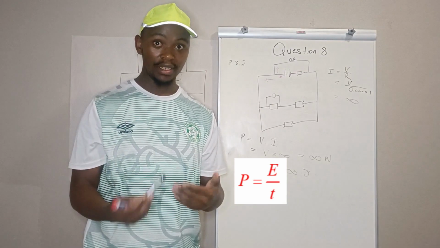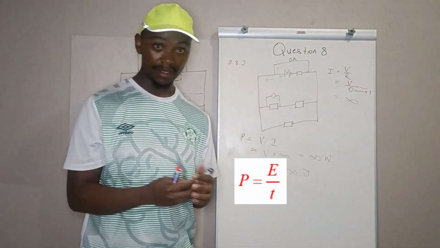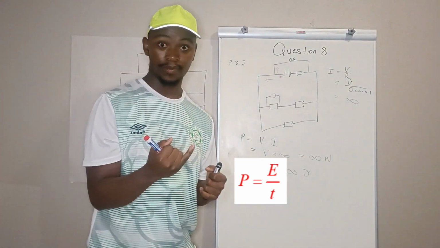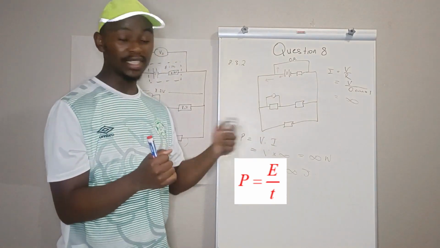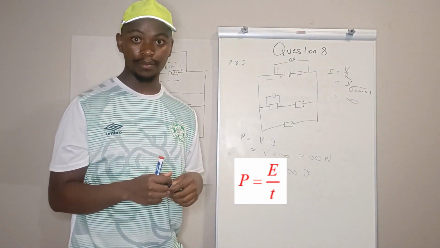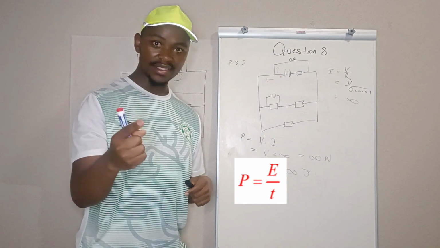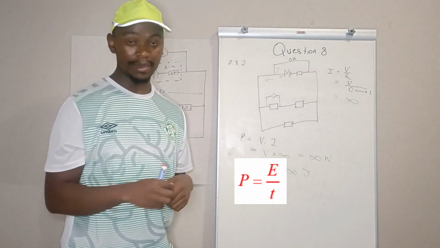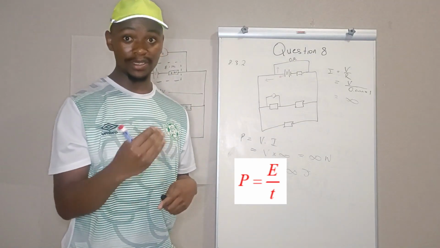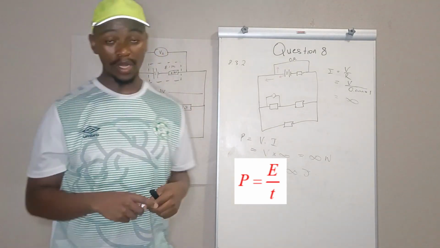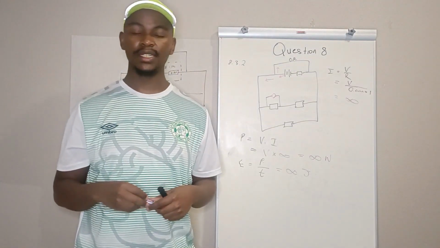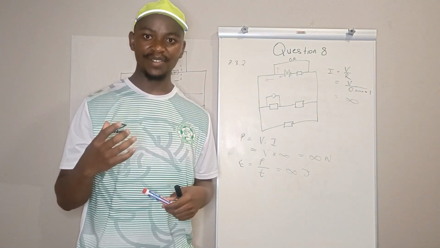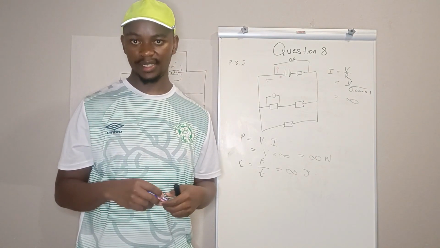When there's too much current going through a specific path, the power increases, because power is equal to V times I. When the power increases, energy increases, because energy is equal to power divided by time. Energy is directly proportional to the power dissipated. That is why we're finding this observation that the battery is giving out too much heat.